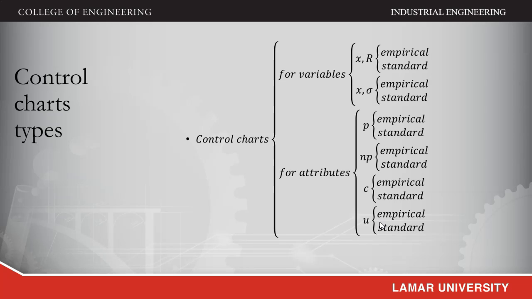Alternatively, if we have more sophisticated personnel, we can compute the X bar sigma charts, in which instead of using the range, which is very easy to use because it's just the largest number minus the smallest number, so you don't need highly qualified people. Computing the standard deviation is more time consuming and it requires a better understanding of statistics.